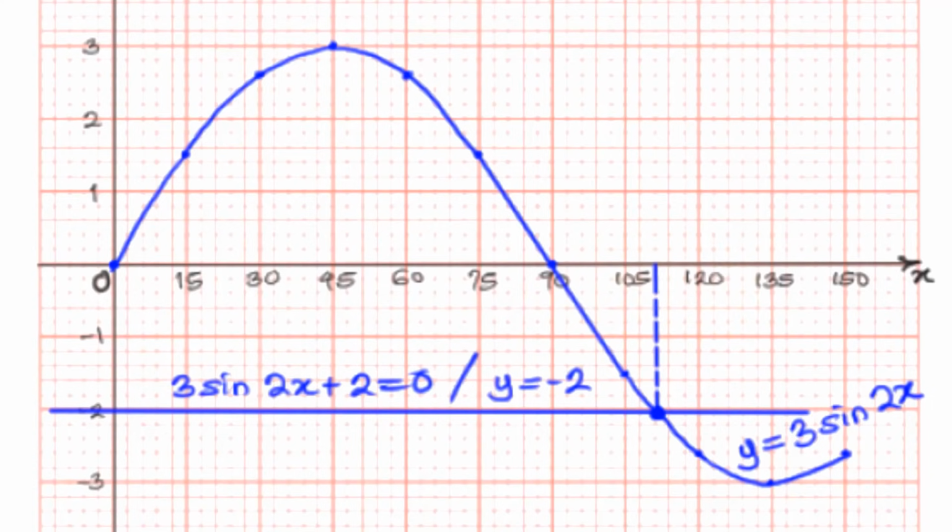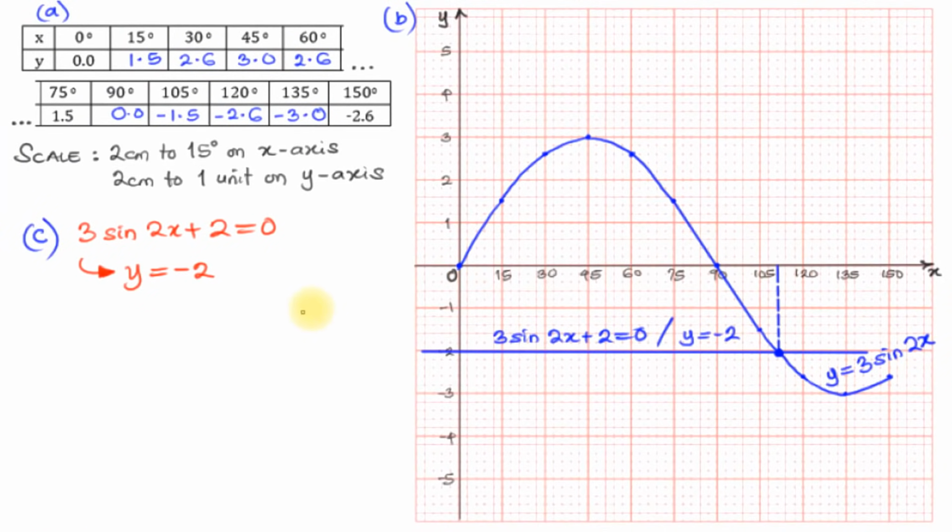Okay, we are going to look at it this way. Here, there are 5 divisions in the box that I'm considering as 2 centimeters. So I can say 5 is corresponding to 15 degrees, because between 105 and 120 is an incremental value of 15 degrees. You can see we are told 2 centimeters to 15 degrees on x-axis. So I want to get what one box will correspond to, so I can call that x.